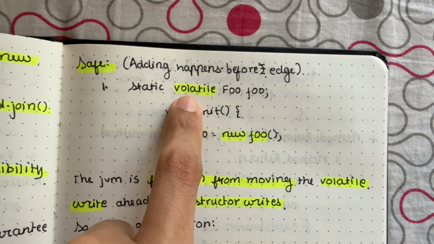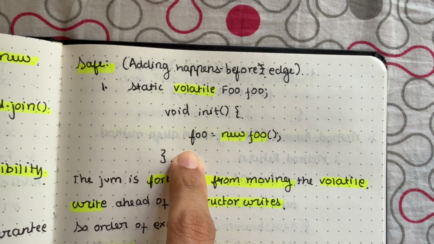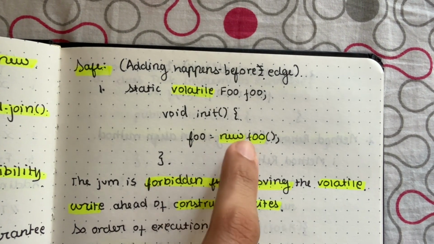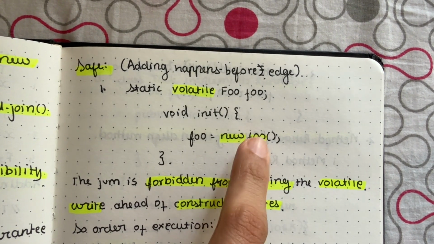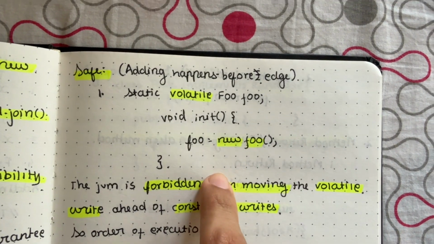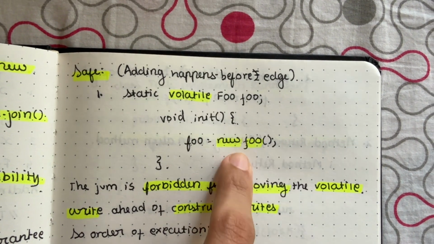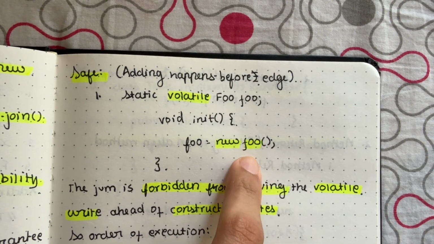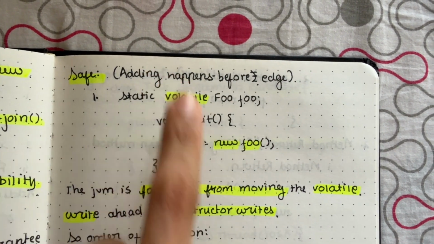Because foo is volatile, this order is preserved. That is, the assignment won't get reordered with construction. That is why all the other threads will always see a newly constructed, completely constructed object, and no partial stages can be made visible because foo is volatile.